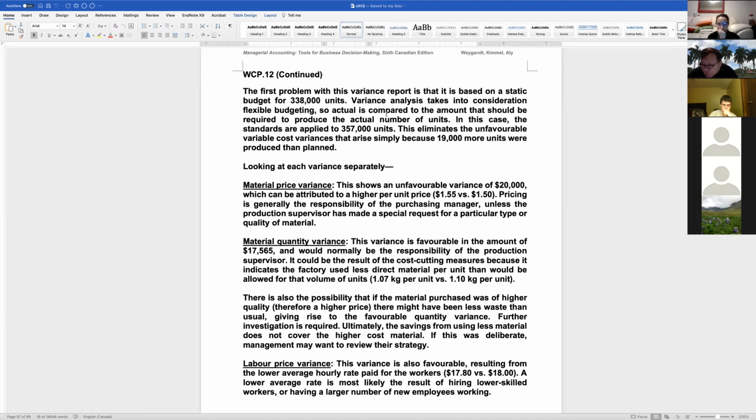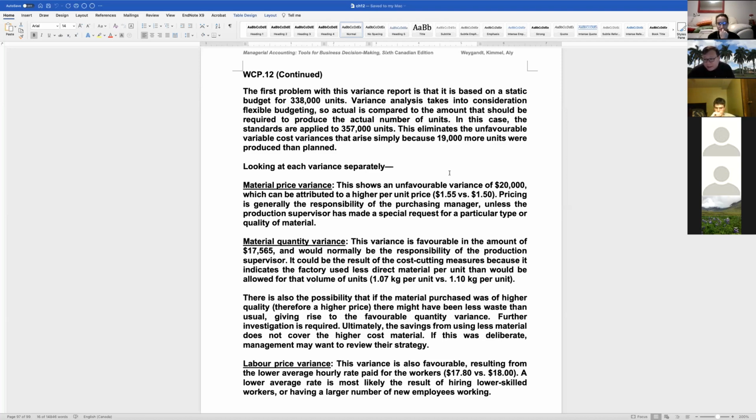So you should expect your actual cost will be higher than the budget, right? Simply because actual cost is more than budget, so unfavorable, fire that manager? That's unfair because guess what? He was able to produce more, therefore it costs more. So that's something we know.